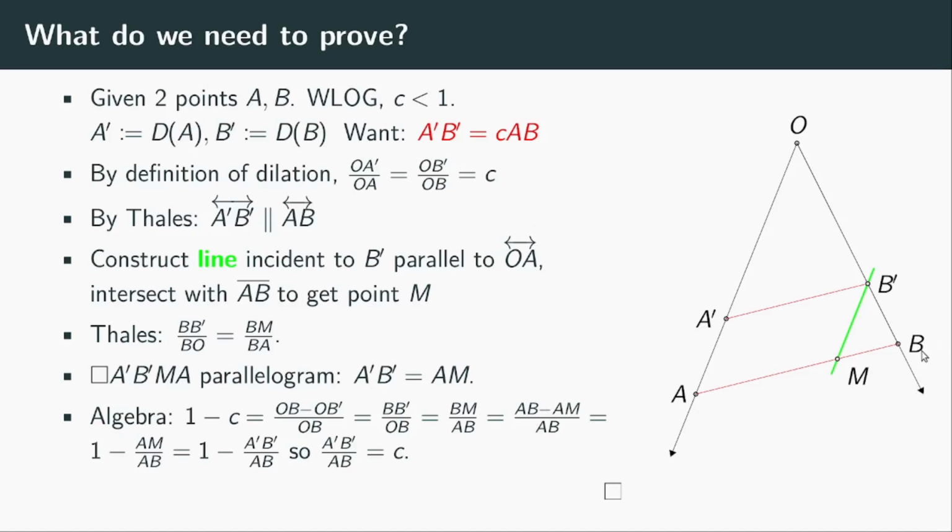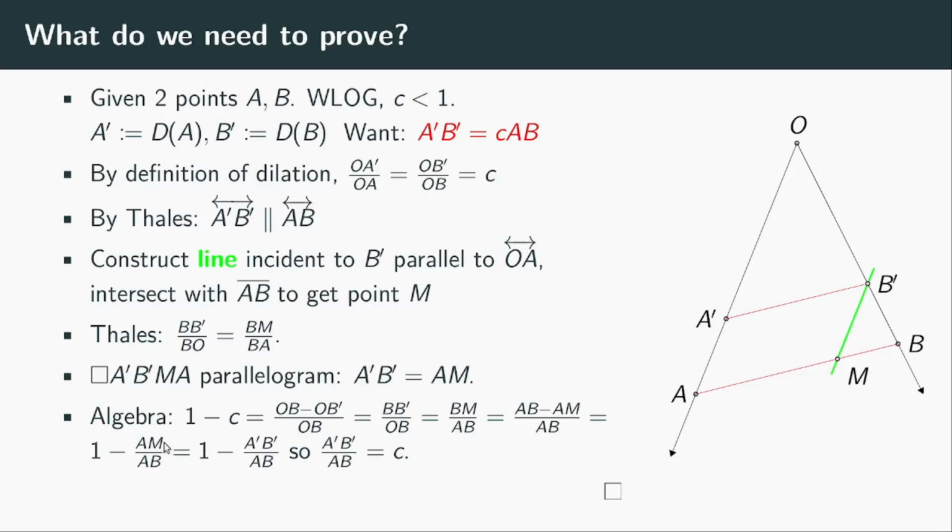And then BM, I can see as being the distance BA minus the distance AM. So I just rewrite it like that, and then I break up my fraction. I get 1 minus AM over AB.